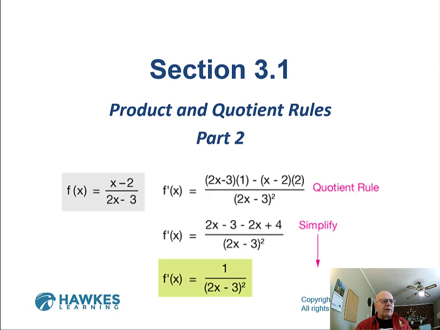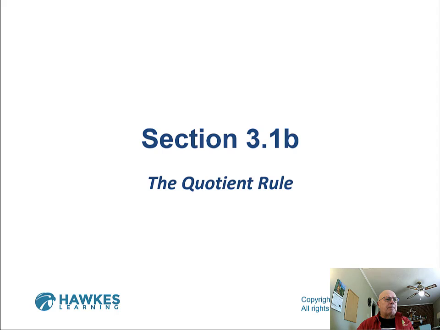Numerator, denominator. Call them what you like. One of the examples or prototypes shows h(x) with an f(x) on the top, g(x) on the bottom. That's the way I usually think about it, but whatever works for you is what's best for you. So, quotient rule, let's go to it.